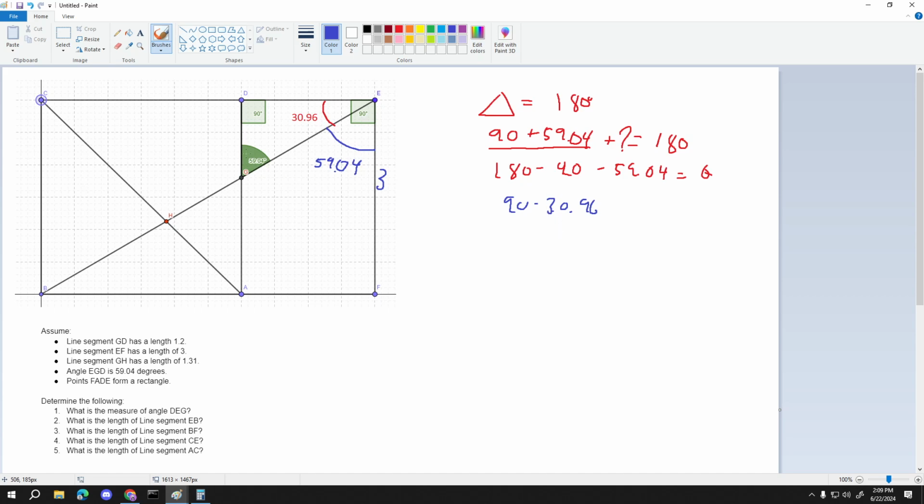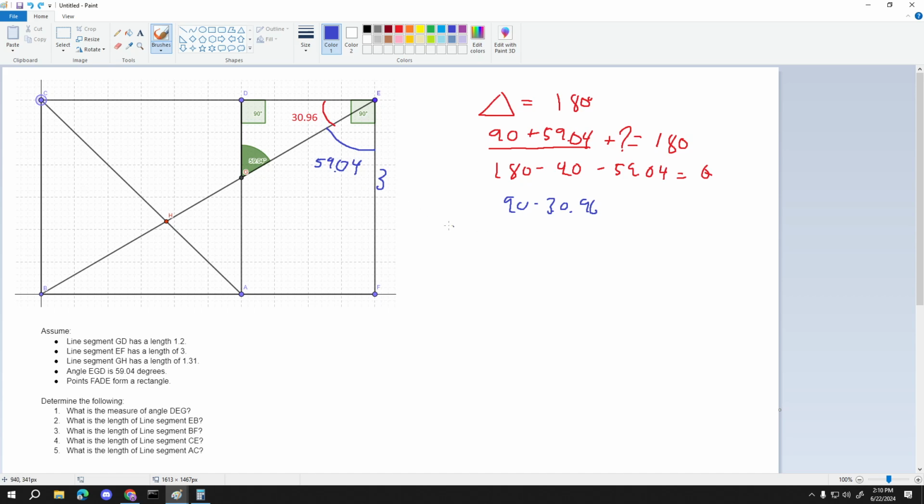Right, you could do that, or it's a special rule where if you have two parallel lines right here, this angle will be equal to this angle, right? Or you can just do this. Okay, so this is 3, this is 59.04.